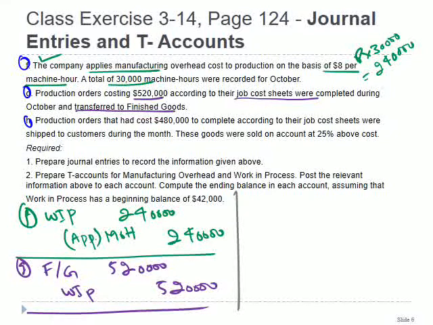The last part is that the production orders costing 480,000 to complete, according to their job cost sheet, are shipped to customers and sold on account, which means cash is not received yet. So we are going to create accounts receivable, and the sale price is 25% above the cost. We're going to do it in two parts.